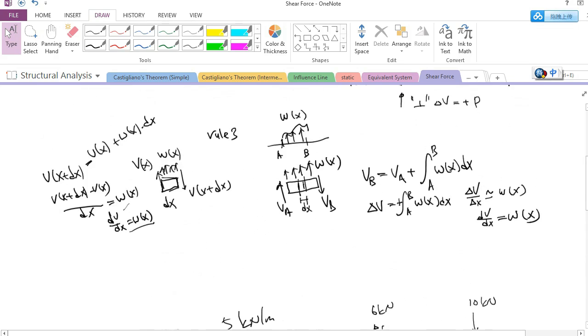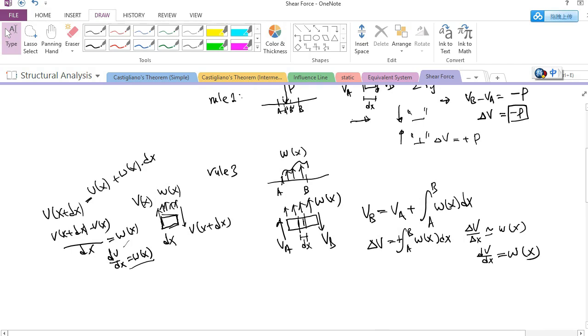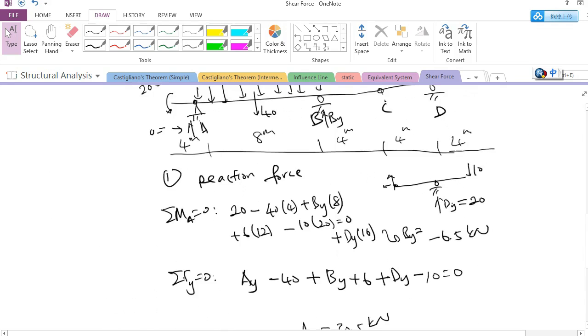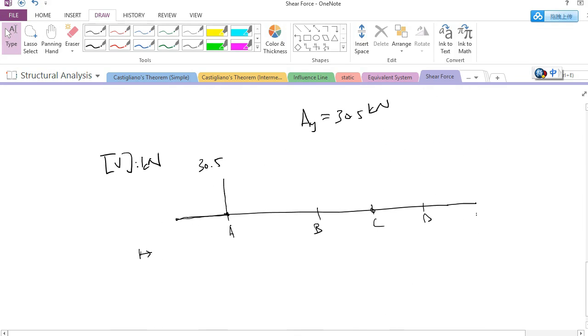And then based on rule number 3, the shear force will change based on the area under the loading between 2 points. In this case, it's downward, so it's negative. How much did we lose? We lost 40. So from 30.5 to minus 9.5.